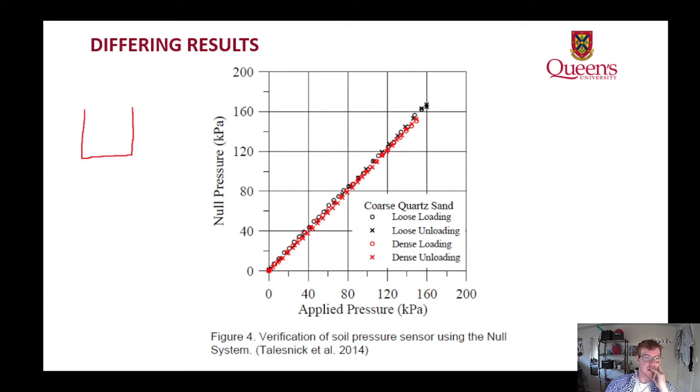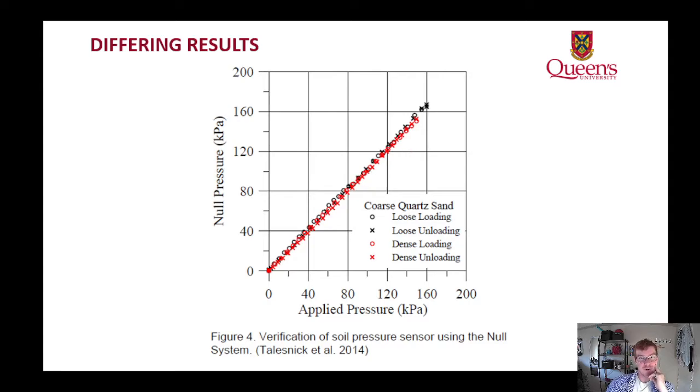So please pardon my drawing. We have a box as such. We have a null sensor in the bottom. What we're plotting is this load applied pressure on X, and we're plotting this reading of the null sensor on Y. And what you'll note is we have a lovely Y equals X slope.